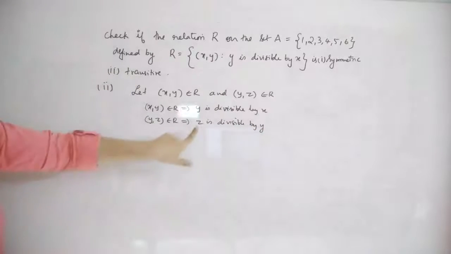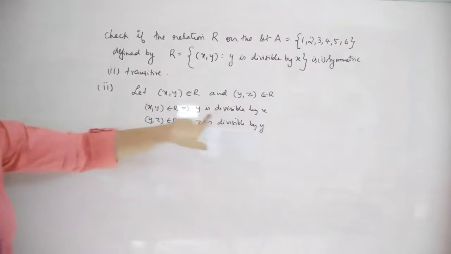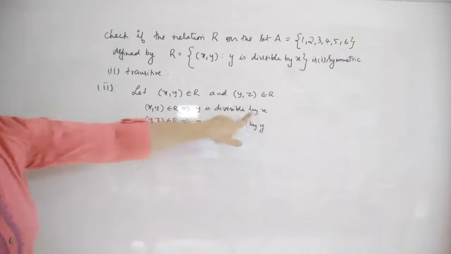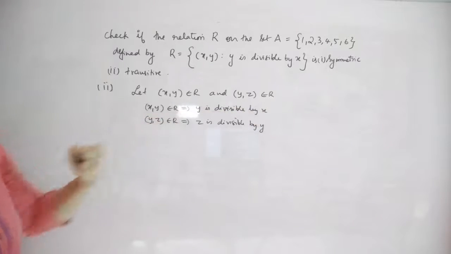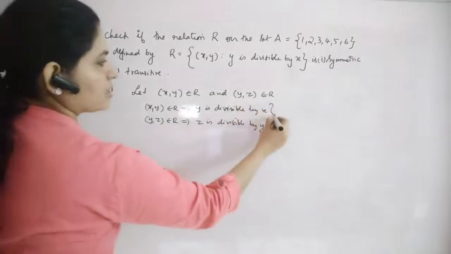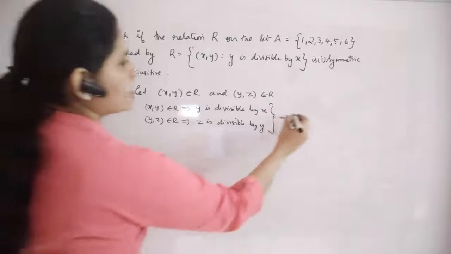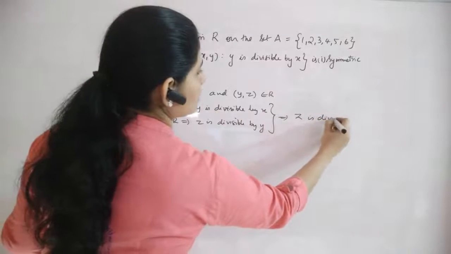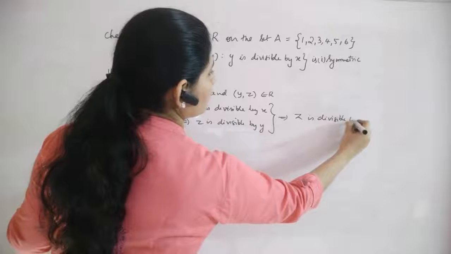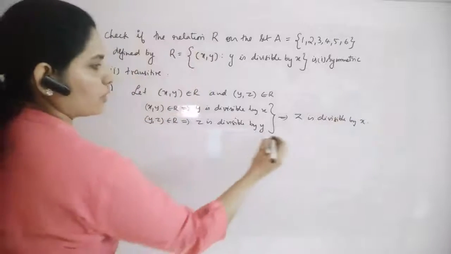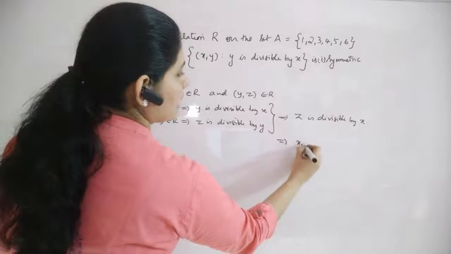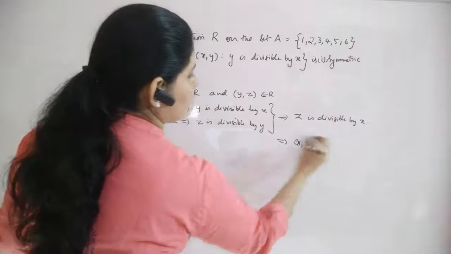Now just see, z is divisible by y and y is divisible by x. So can you say that z is divisible by x? These two statements together will give you z is divisible by x. And what does that mean? That means xz belongs to R.